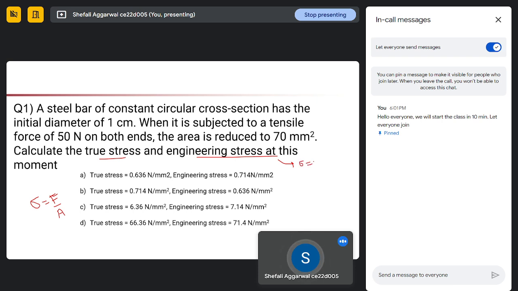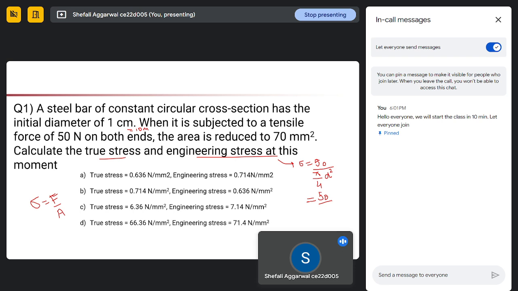Stress is force upon area. To calculate engineering stress, force will be constant: force is 50 Newton, and area is the cross section of the initial diameter of 1 centimeter. It is circular, so area will be pi by 4 d square. D is 1 centimeter, which is equal to 10 mm. So 50 divided by pi by 4 into d square.